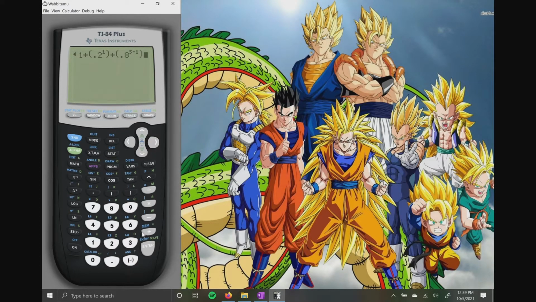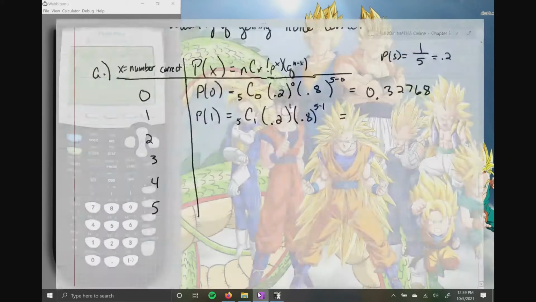And then when you hit enter, we come up with the wrong answer, of course. Oh, I'm sorry. This is the right answer. This is 1. I was thinking I'm doing 0. Anyways, so we got 0.4096. So I can go back into our notes here.